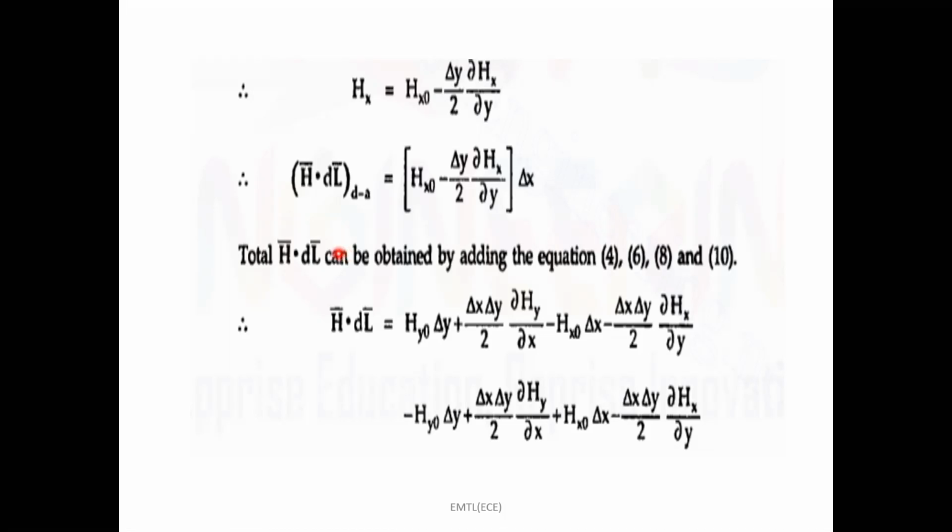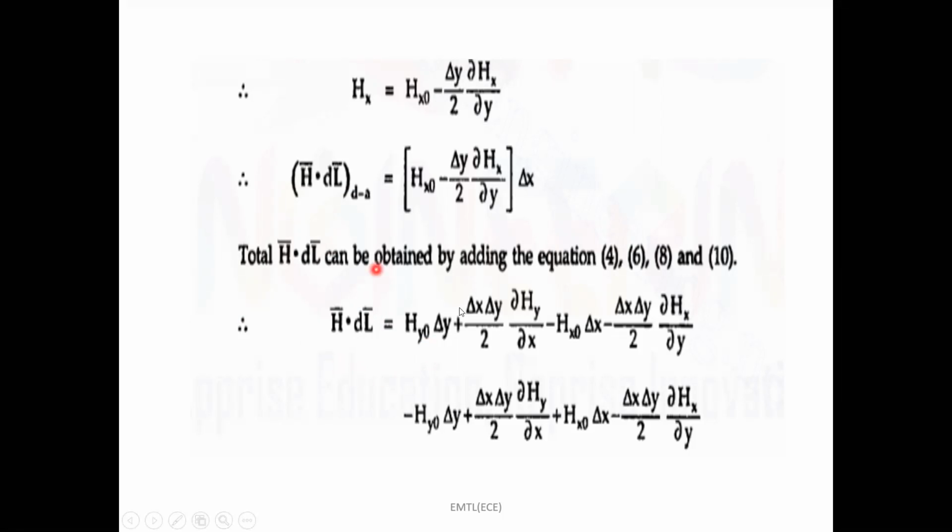Already in the starting, we discussed that H bar has no components along z direction. That means it has only components along x and y. Why? Because the current direction is along z direction.